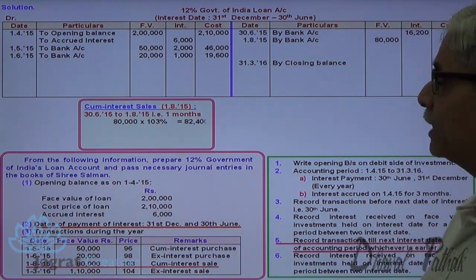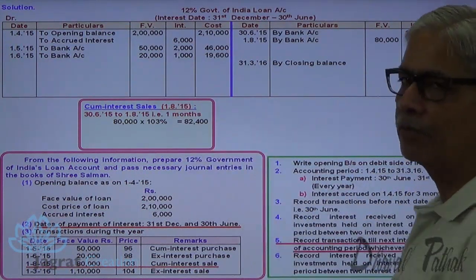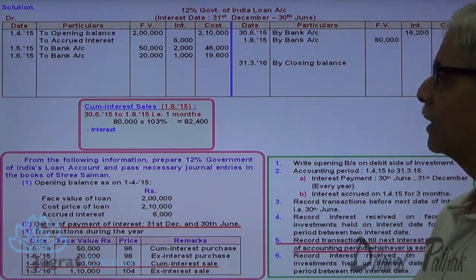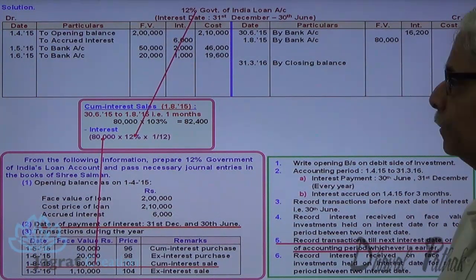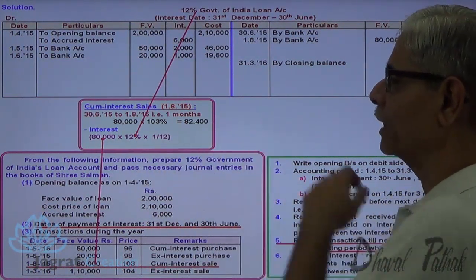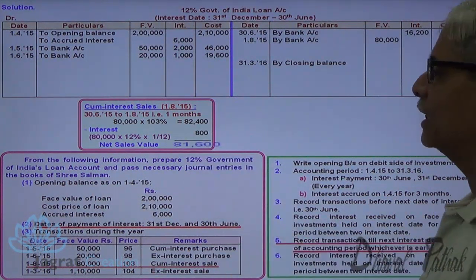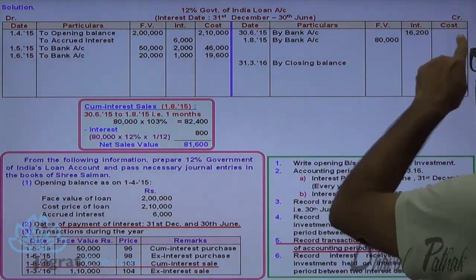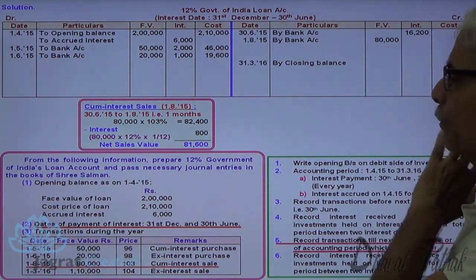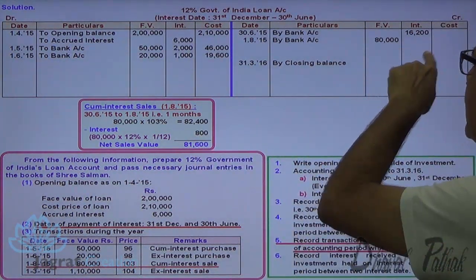This is a price with interest. Cum-interest means with interest. How much is the interest element for 1 month? So 80,000 into 12% into 1 month. So this is the interest element. So this is the net sales value. Net sales value will be credited in this cost column. This interest will be credited in interest column.